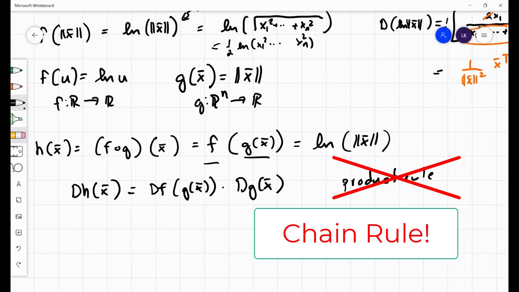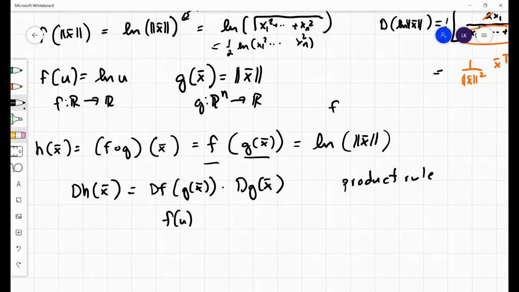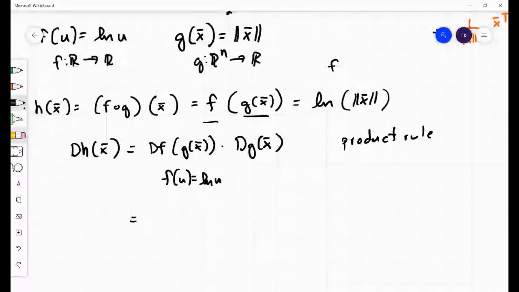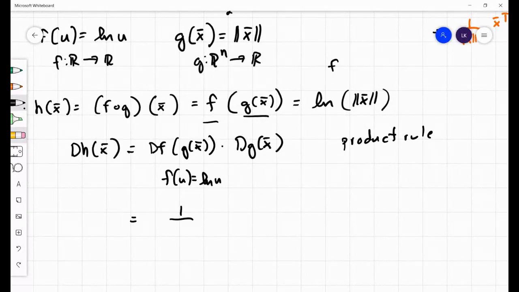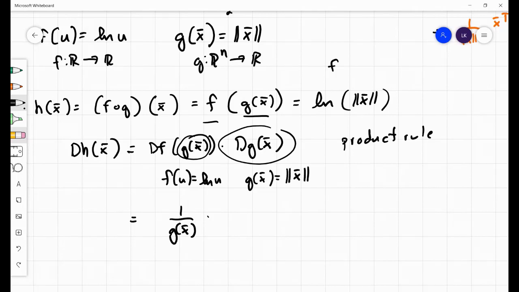Now, remember what f is, right? We said f is natural log of u. So when you differentiate that, you just get 1 over u. But of course, we're going to evaluate that at g of x. Okay. Then times the derivative of g, but g we said gives you the magnitude of the input vector, and we already computed the derivative of that.